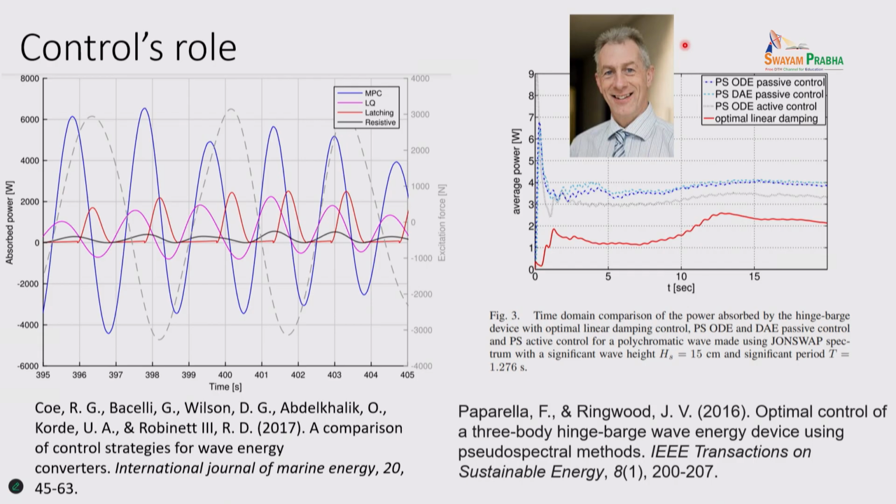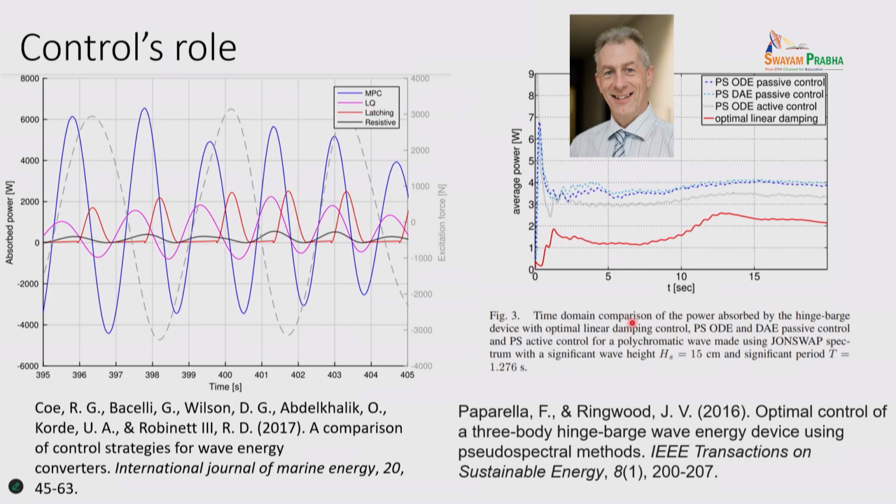Here he showed two papers they studied, with different controls. The black line is constant resistor control, right? Then here it shows MPC, model predictive control. On average, you can see you can increase the power output. Here you also compare with latching control and LQR control, right?